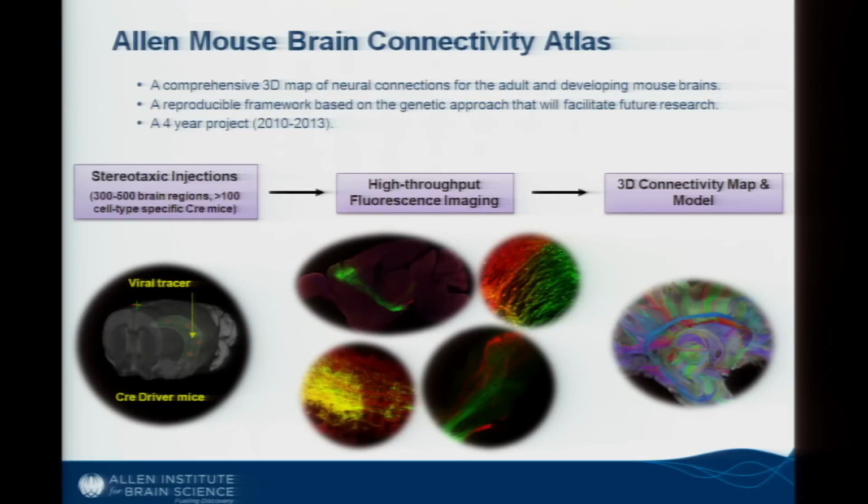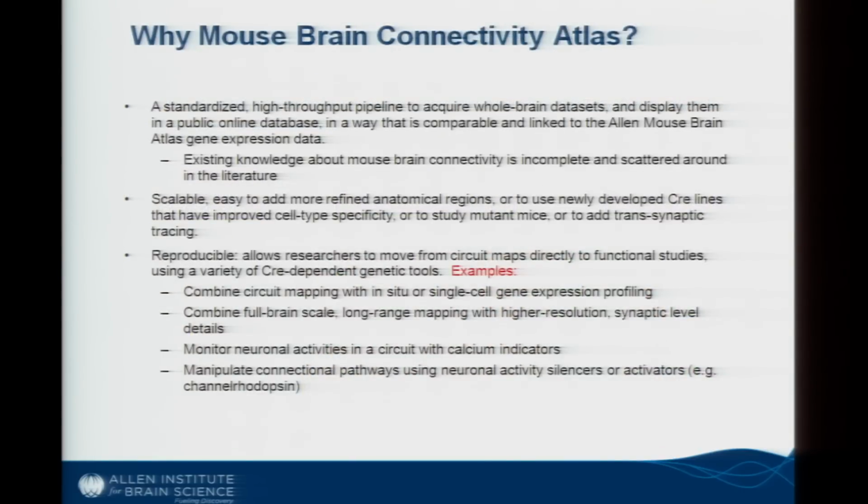And then all this fluorescent scanning data can be incorporated into a common 3D space, and projection maps, computational models, and things like that can be built upon that data set. So why do a mouse-brain connectivity atlas at this time and on such a global scale?